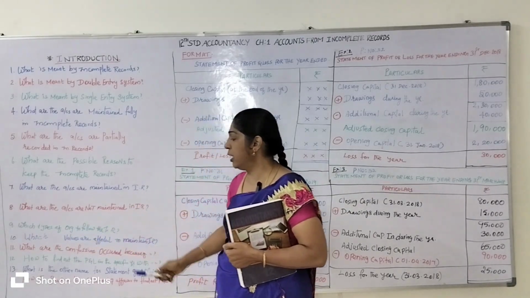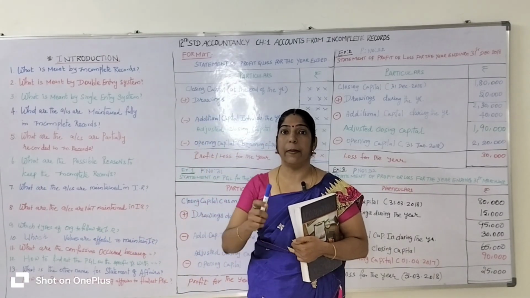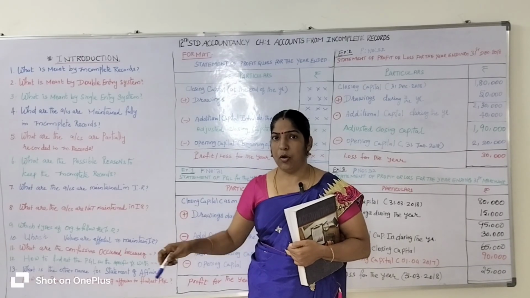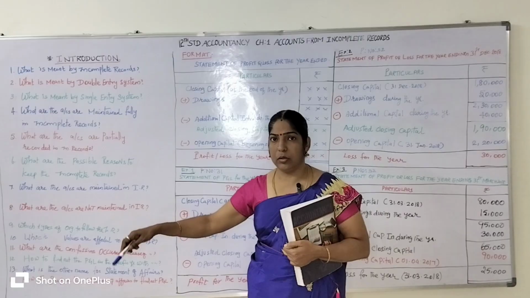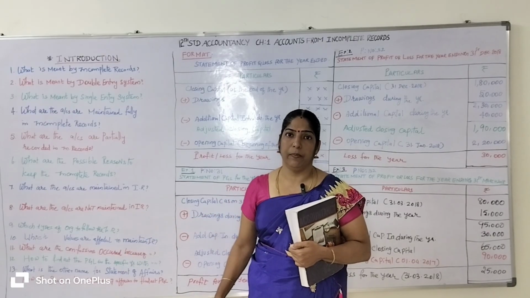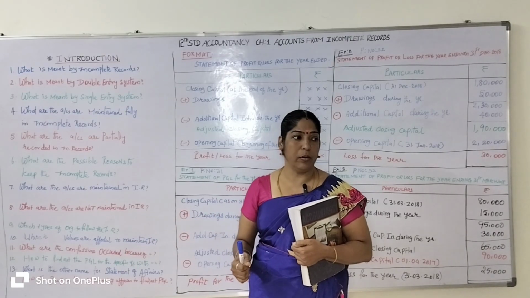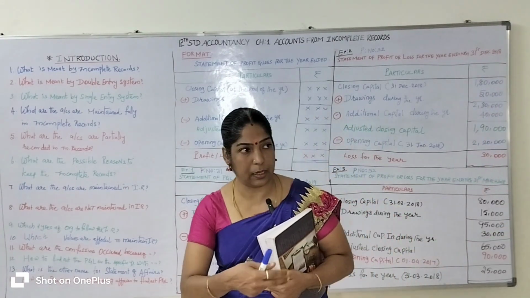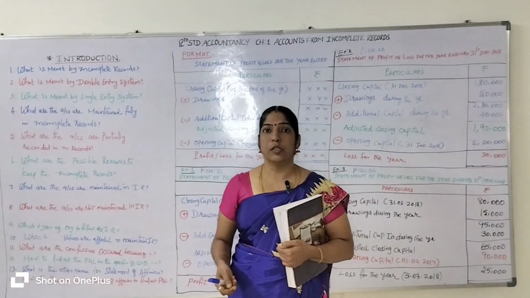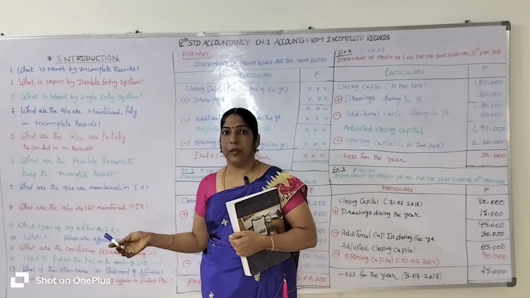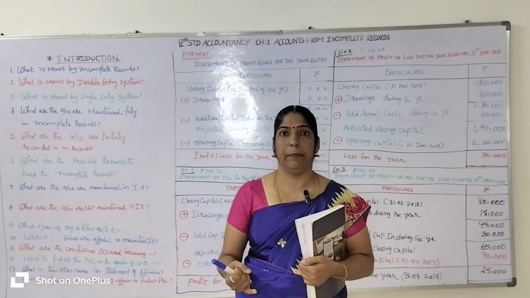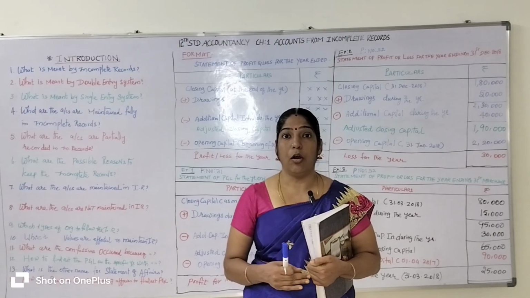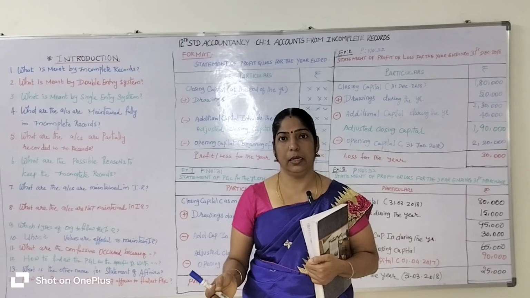Which type of organizations follow the incomplete records? This is a very important question. Which type of organization follows or keeps incomplete records? Small businesses. Small businesses means what? Sole traders, say for example, sole traders and partnership businesses often maintain incomplete records.